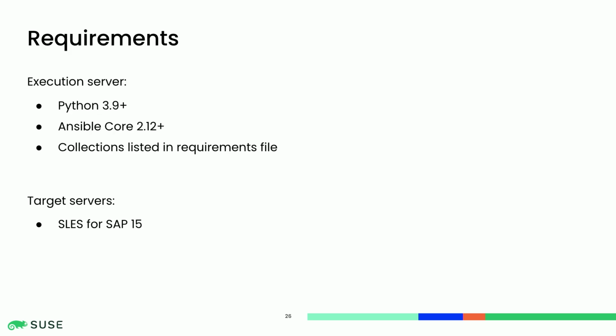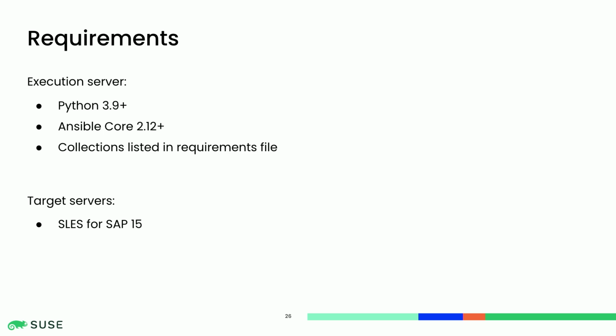The only requirements for the execution server are Python 3.9 or higher and Ansible core 2.12 or higher. And of course, when we choose the deploy scenarios, we also need to install all of the collections that are listed in that scenario.